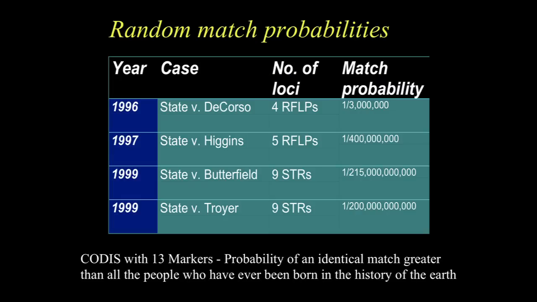Now we have 13 markers, and the probability of getting 13 markers now for any one person is more than all of the people that have ever been born in the history of the earth. So the chances of scoring for all 13 markers exceeds that of all the people that have ever been born, and that would be unique to one individual.